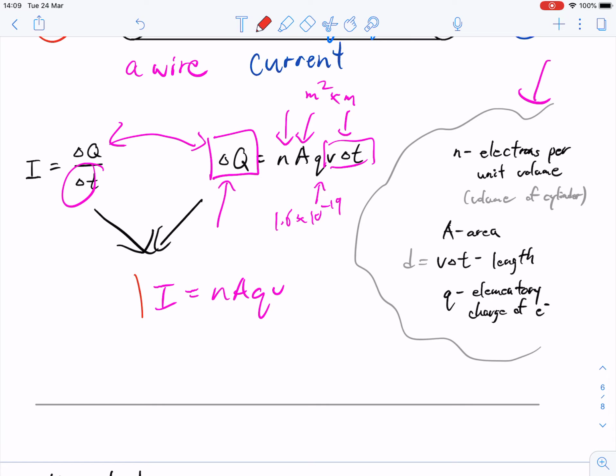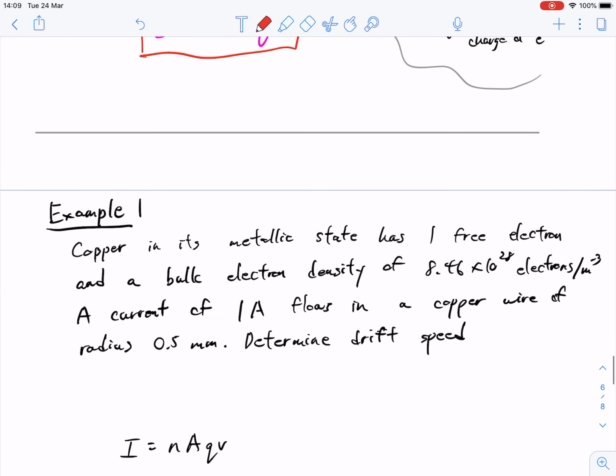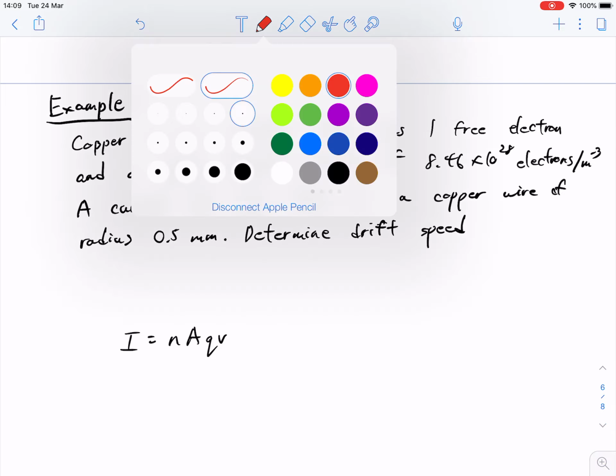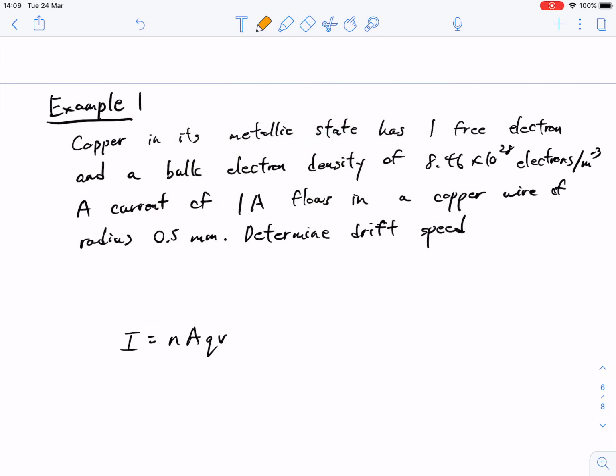So this is also going to be one of the formulas that we'll be looking at in our example right now. So copper, in its metallic state, has one free electron and a bulk electron density of 8.46 times 10 to the power of 28 electrons per meter cubed, okay?